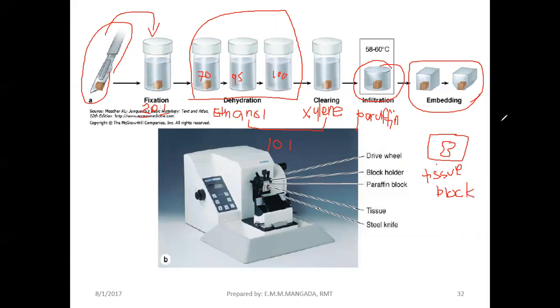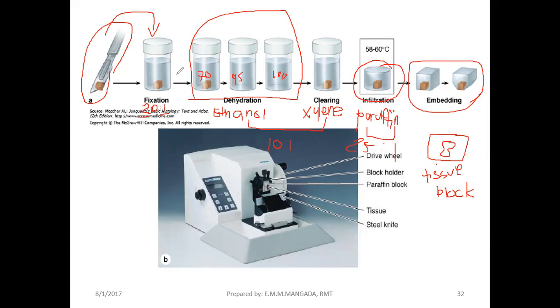So guys, ano daw naman yung ginagamit nating ratio for the solution and tissue volume para sa infiltration. It's 25:1. Ibig sabihin, the volume of our paraffin wax or the infiltrating medium should be 25 times more than that of the volume of our tissue.